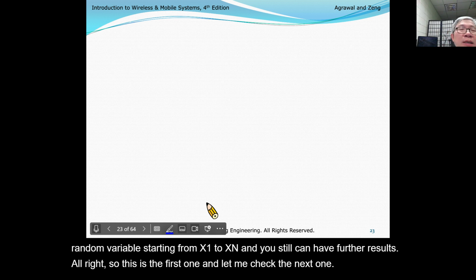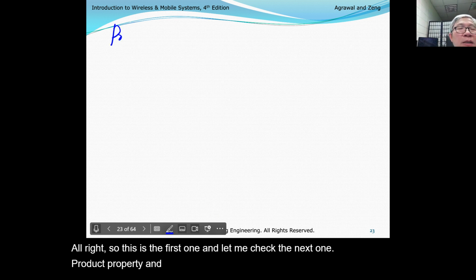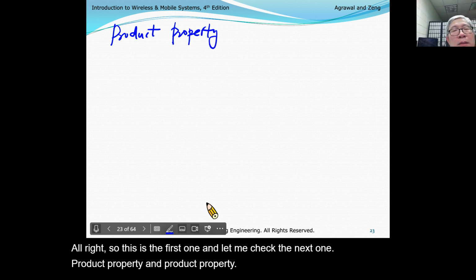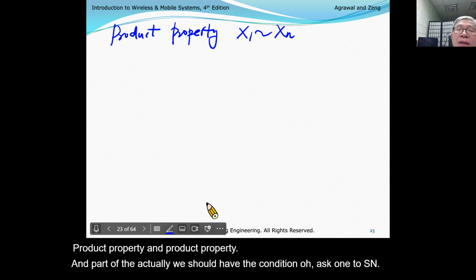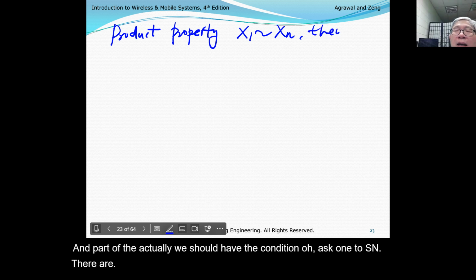Product property. And for the product property, actually, we should have the condition. Oh, x1 to xn, they are independent.